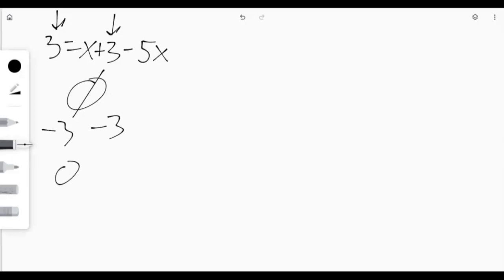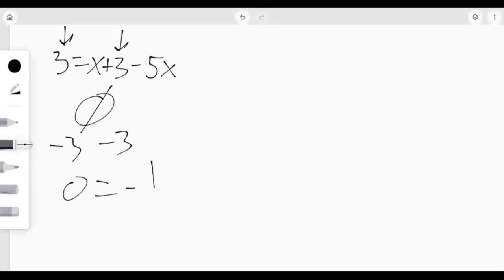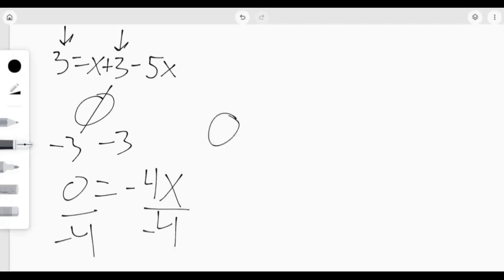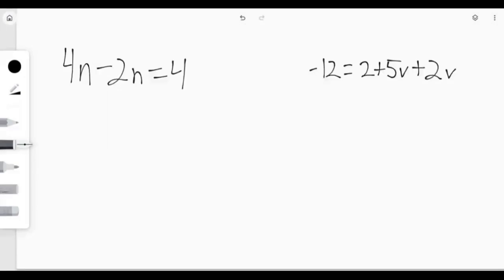So we have 0. That leaves a negative 4x, pardon me, a negative 4x. However, when you're dividing 0 by anything, it's always 0. So look out for those multiplicative zeros because you can save yourself a little bit of extra headache.